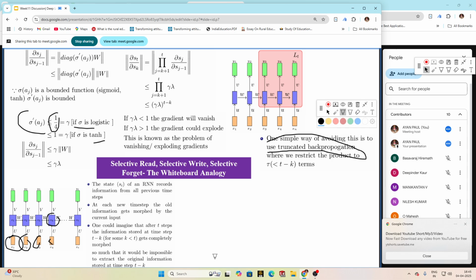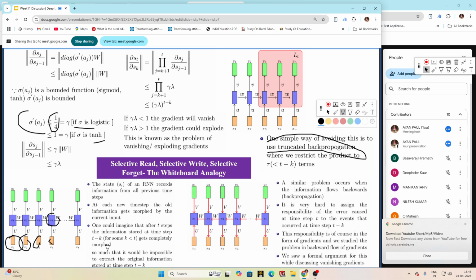One could imagine that after t time steps, the information stored at time step t minus k gets completely morphed, because at each time step we are bombarding it with the input of the current state. So that is the problem of this RNN.